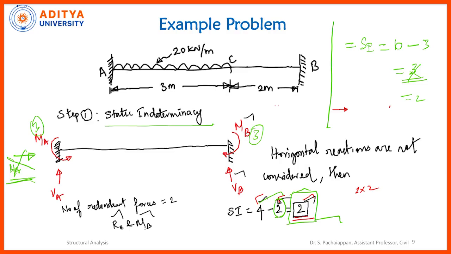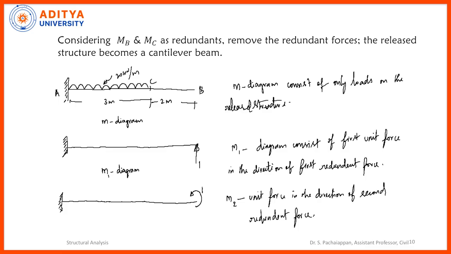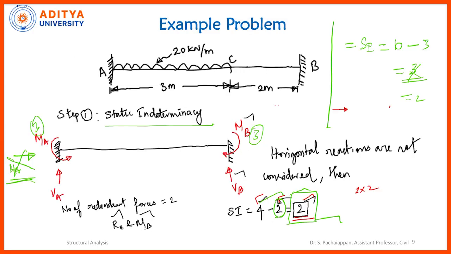It is our wish actually. I can consider MB and VB as the unknown forces, then it will become a cantilever beam. I may also consider MA and MB as unknown, then it will become a simply supported beam. So we have no restraint to choose which is unknown. In our case, I have taken MB and RB as the redundant forces.